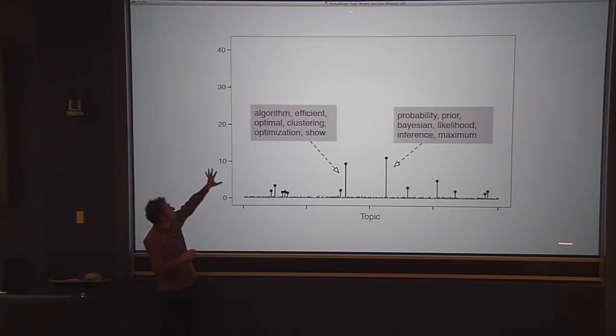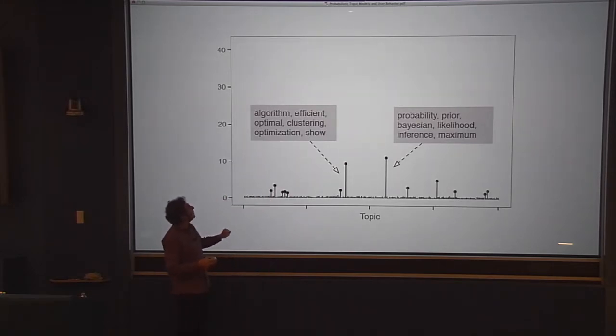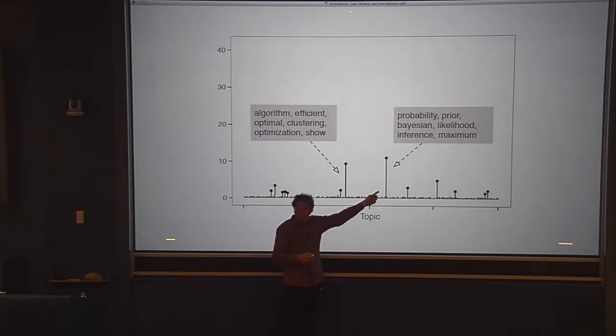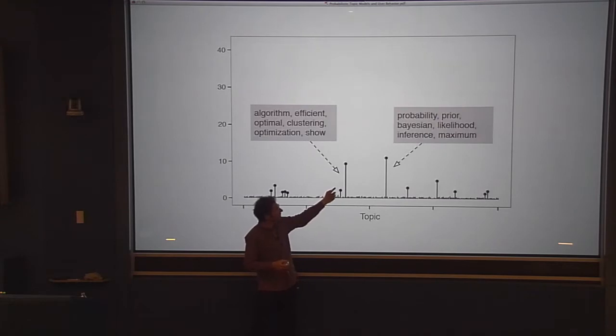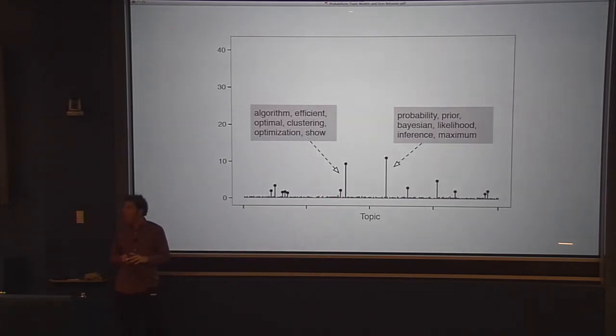It's not summing to one here because it's a Poisson-based model, but it's the same idea. Here are the topics that this article is about, and you can see that it's about two things: kind of probability models, Bayesian statistics, and algorithms. Okay, that's mostly what this article is about. This is theta. These are the topic proportions, topic weights.